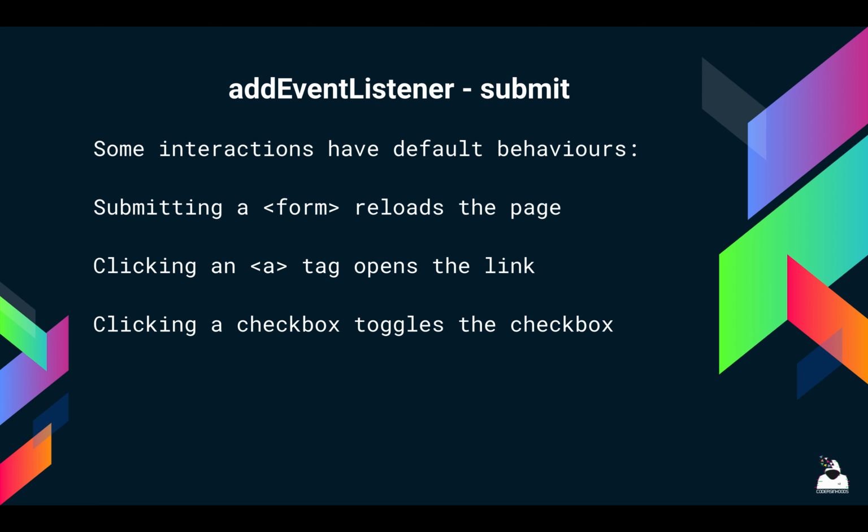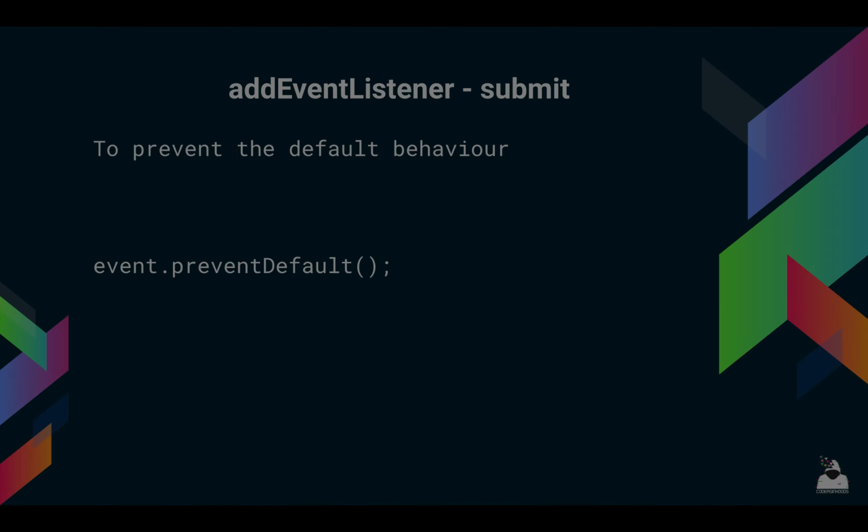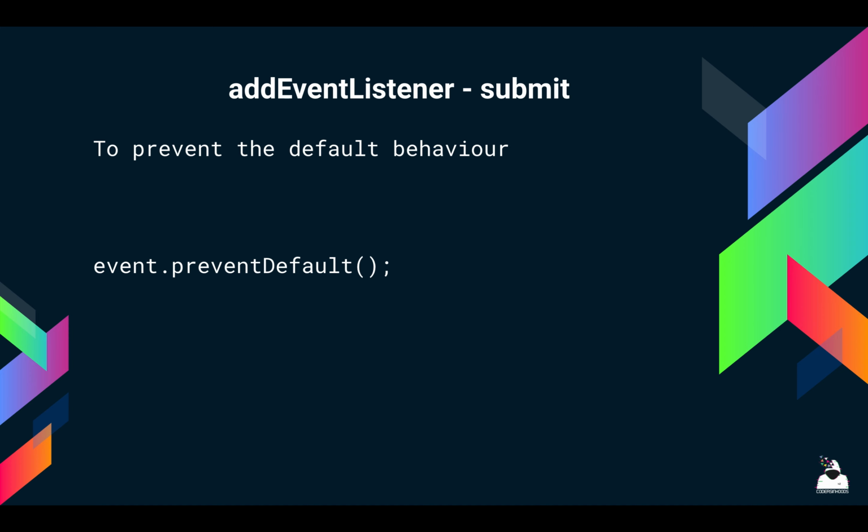These are all default behaviors that users generally want to happen. Even reloading the page. Generally, depending on how your website is built, you do want it to do that. So sometimes we don't want that to happen. As we just saw, we call the function preventDefault that is on the event itself.